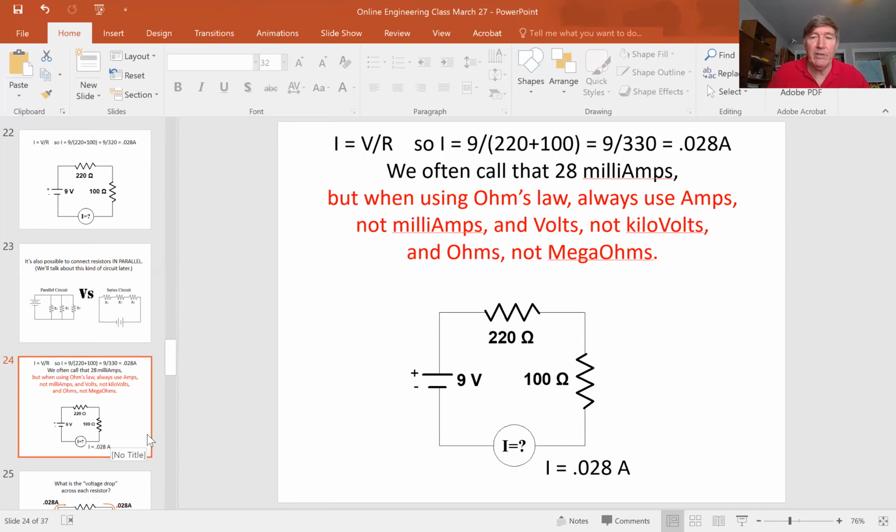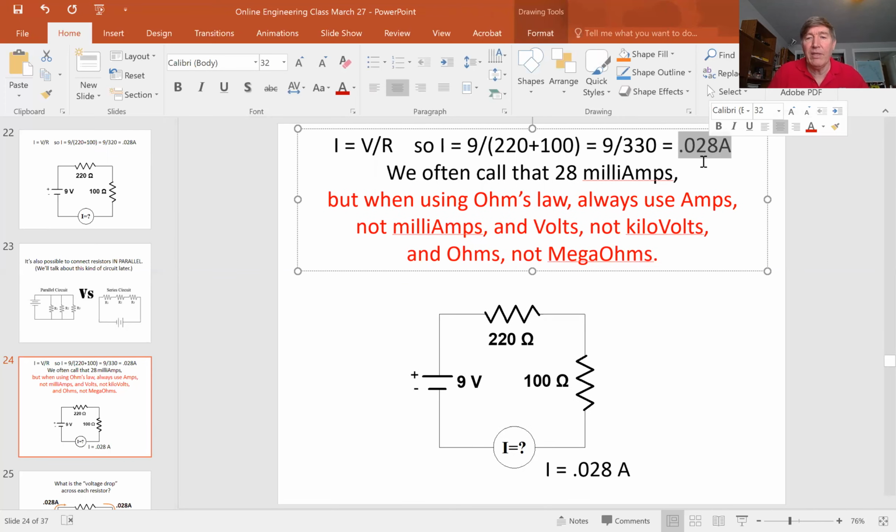It's very commonly going to happen that when we calculate our answer and we get 0.028, I might call it 0.028, but I also might instead call it 28 milliamps. And I trust that you guys can do the conversion. Milliamps to amps is the same thing as millimeters to meters.